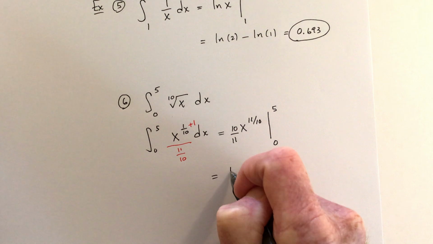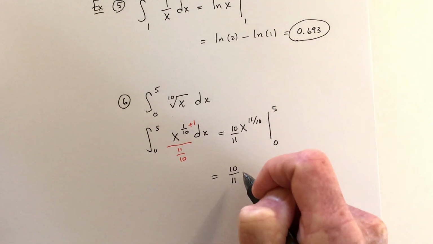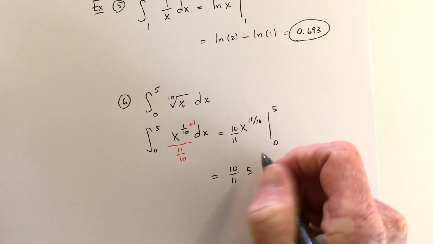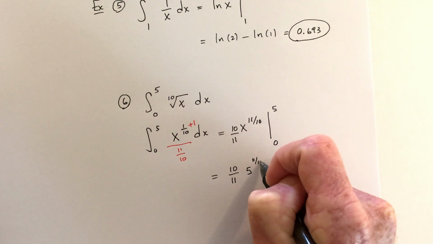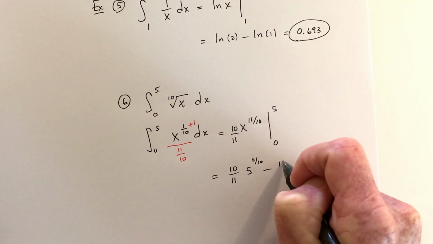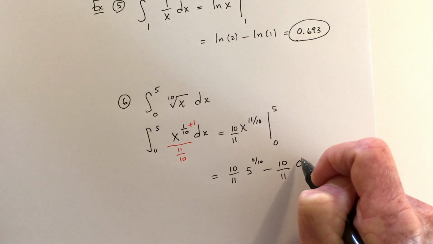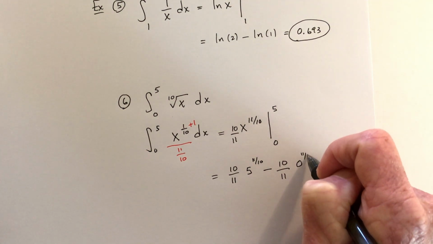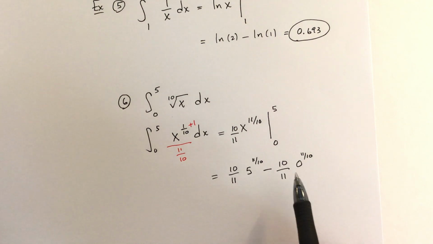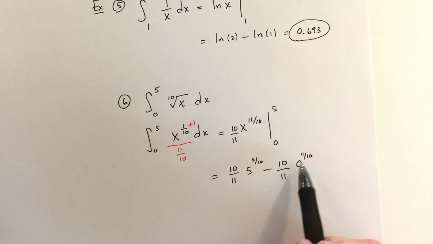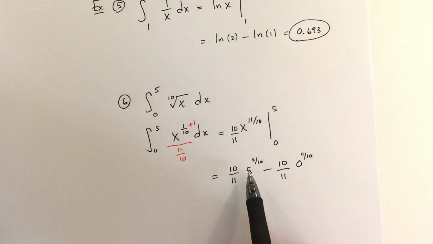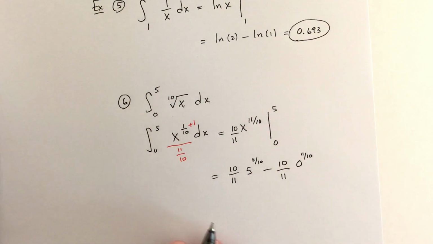So it's going to be 10/11ths, and then 5 is raised to the 11/10ths, minus 10 over 11, and then 0 is raised to the 11 over 10. And since this is a 0, it contributes nothing to the answer. So I really just need to figure out how much this part equals.